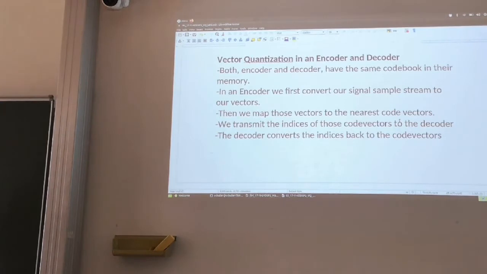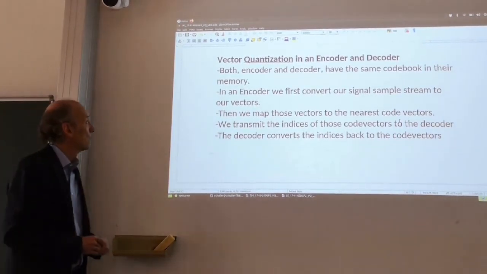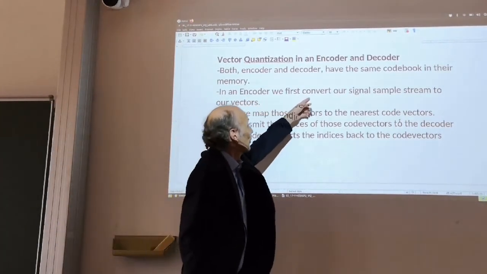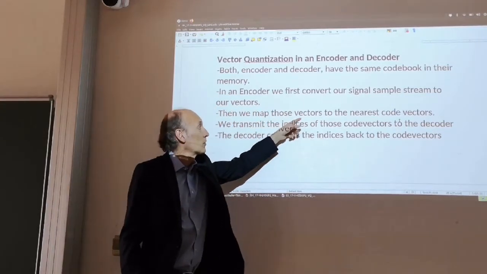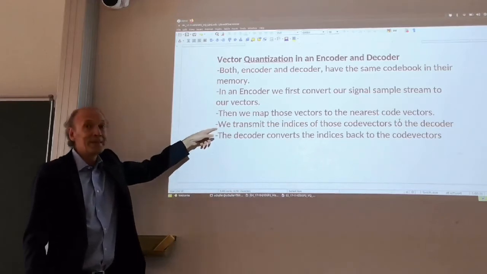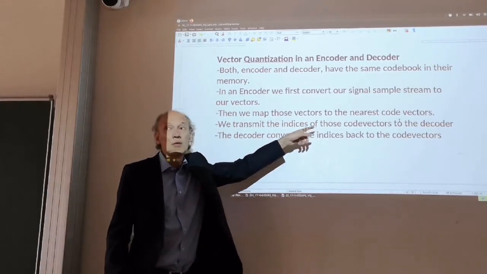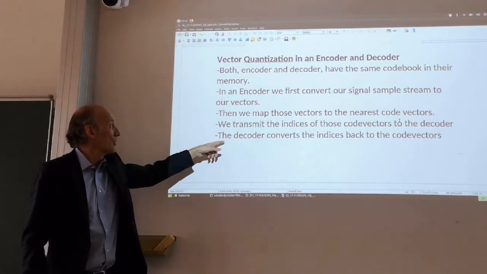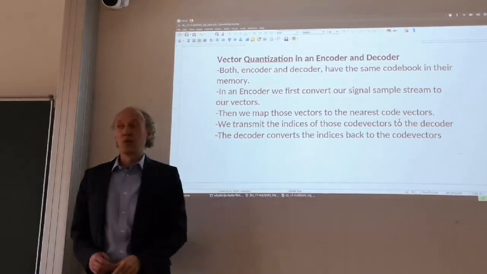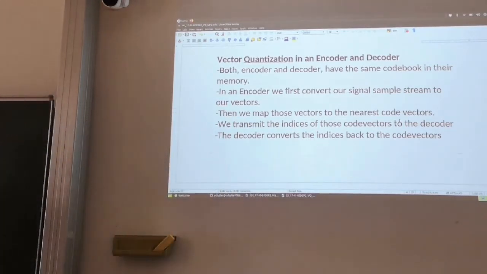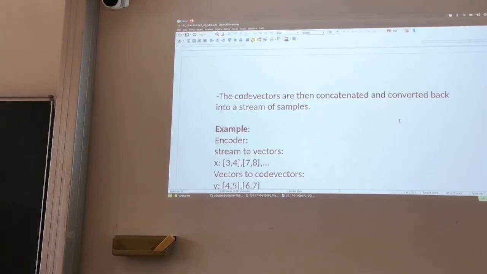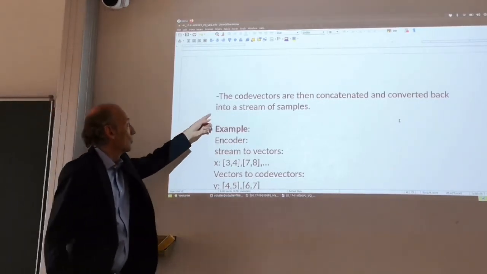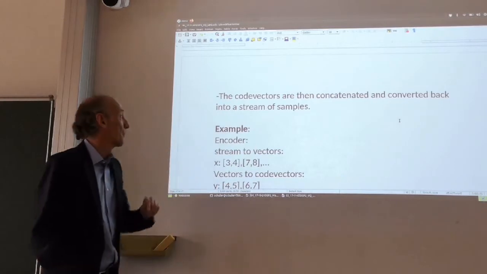Encoder and decoder get the same codebook. In an encoder, we first convert our signal sample stream to vectors, then we map those vectors to the nearest code vectors. We transmit the indices of those code vectors to the decoder, and the decoder then converts the indices back to code vectors. And in this way, we obtain the stream of sample data. The code vectors are then concatenated and converted back into a stream of samples.